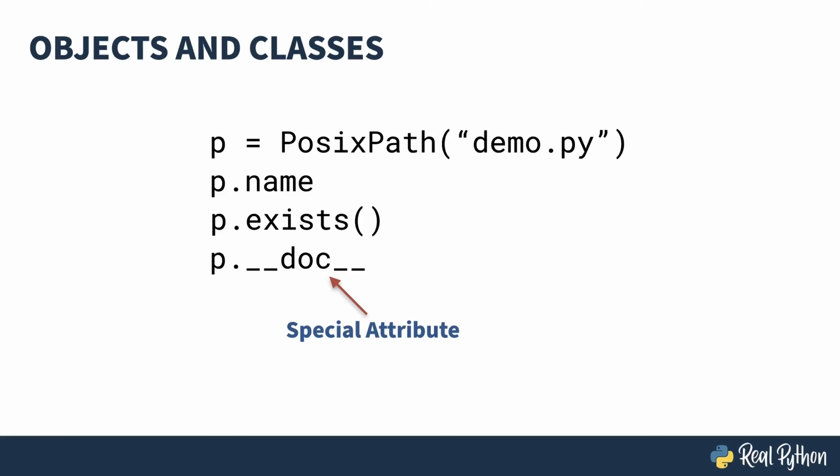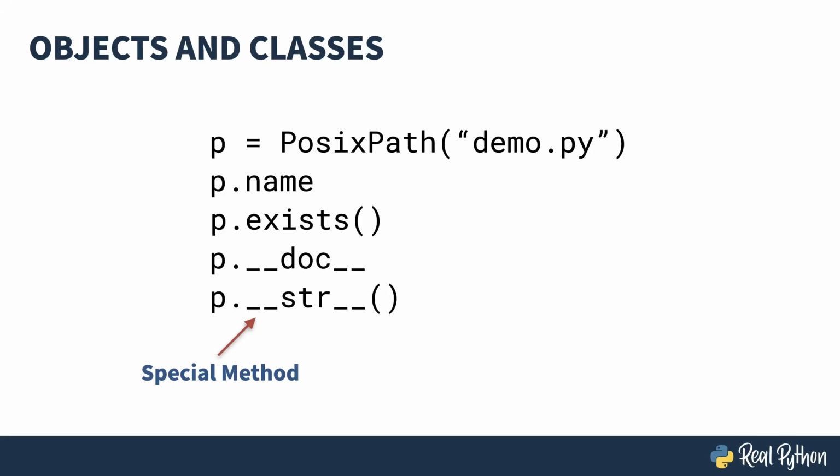It is kept as a special attribute on the object itself. Get used to me calling this dunder. Not only is it the slang most Python programmers use, it's much more fun to say. Dunder str is a special method that Python calls on the object when you convert it to a string. If you print out p or pass it to the str function, Python calls this method, and whatever it returns is what gets printed or converted.